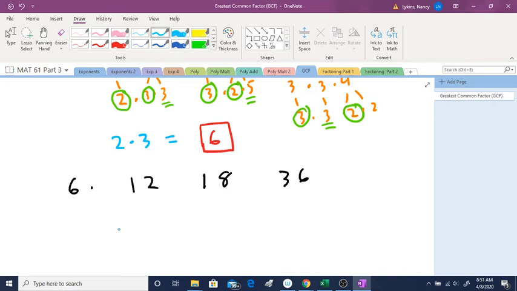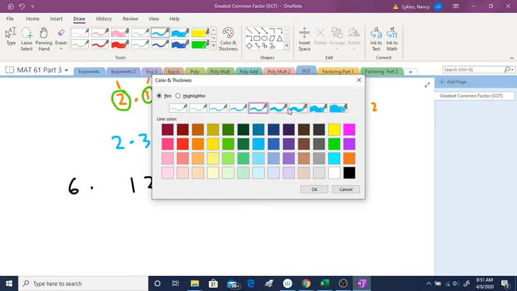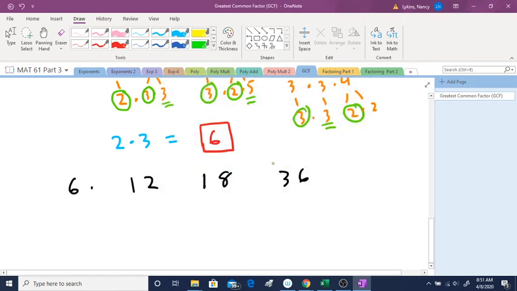Okay, so for 12, maybe we use, and we're going to start to see what they could have in common. Well, let's use 3 and 4. Let's use 3 and 6.